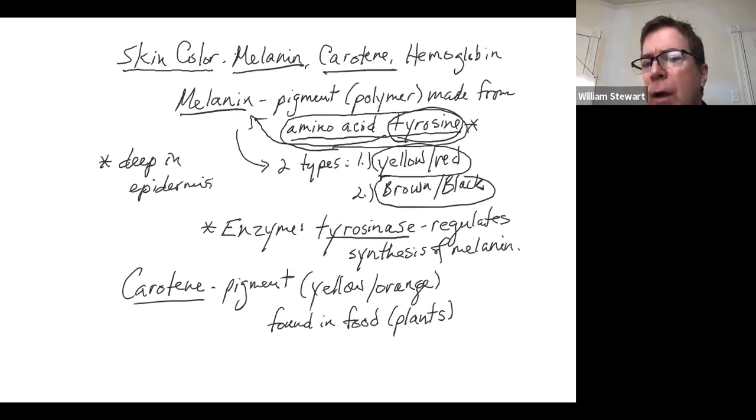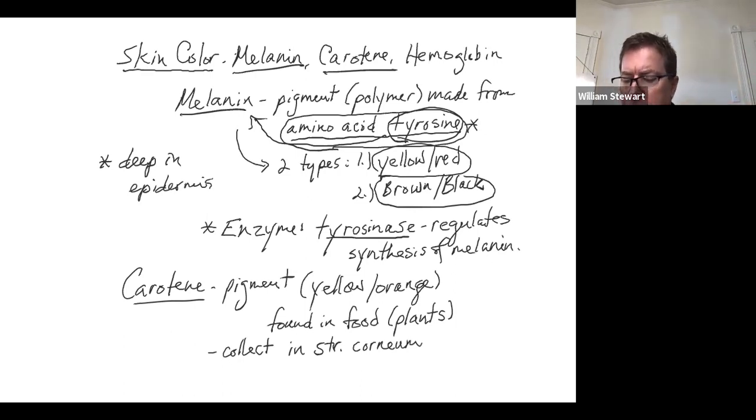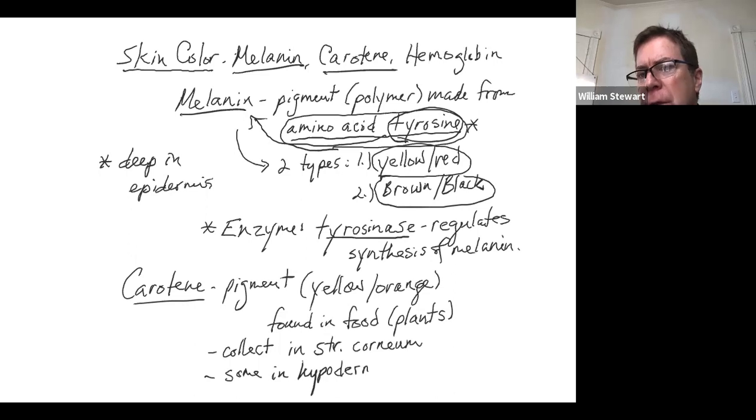Carotene tends to, when we ingest a lot of it in our diet, collect in the most superficial layers in the stratum corneum. So we find it closer to the surface of the skin. It also can accumulate a little bit. I'm going to put some in the hypodermis. It also tends to accumulate in the adipose tissue, fat cells of the hypodermis.